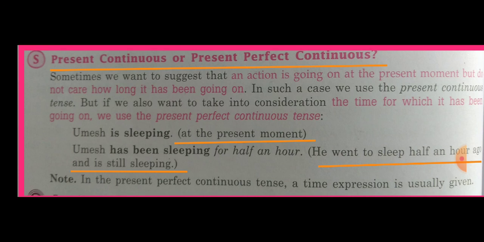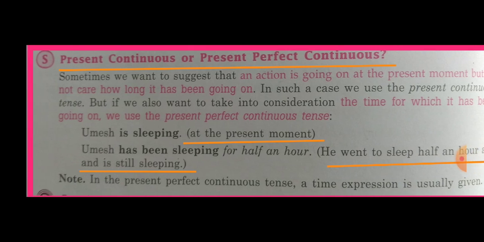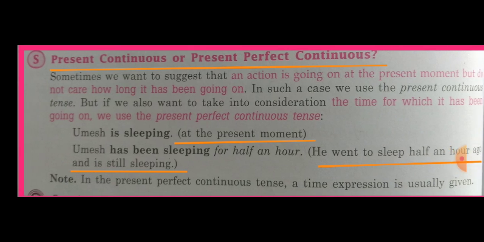But if we also want to take into consideration the time for which it has been going on, we use the present perfect continuous tense. Means if we have to bring into light that the action started in past and is still continuing, we will use present perfect continuous tense.